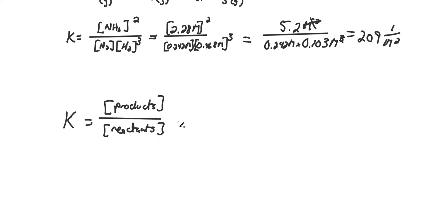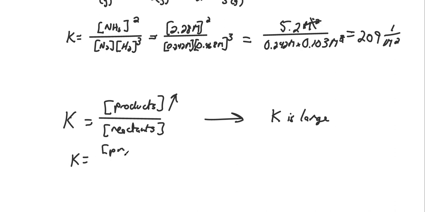So if we have a large number, that means the concentration of the products is much greater than the concentration of the reactants. That means our arrow is going to be going this way. So if K is large, then we get that.